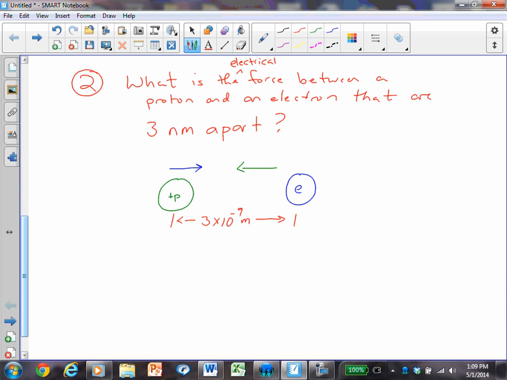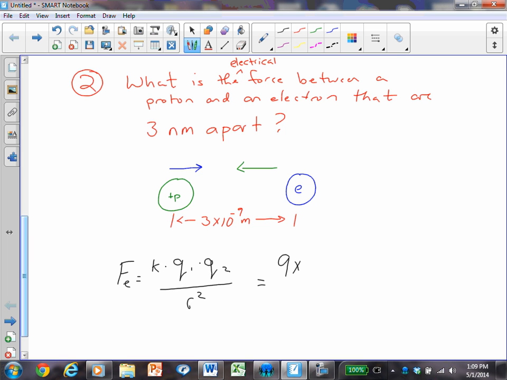So Fe is K Q1 times Q2 over r squared, right? What's K? What's the value?